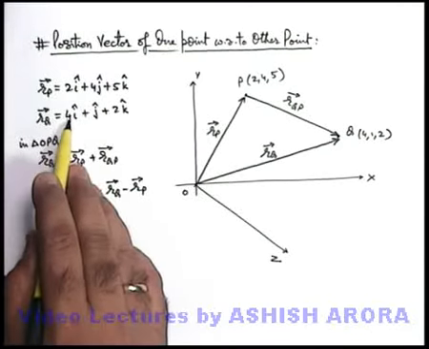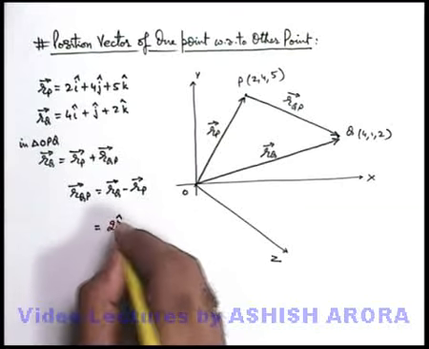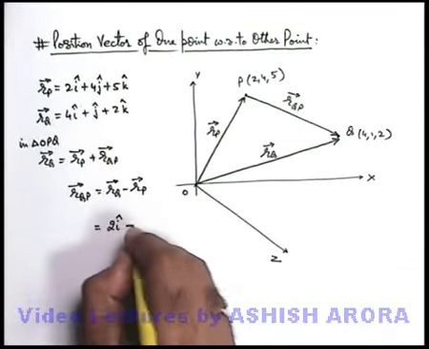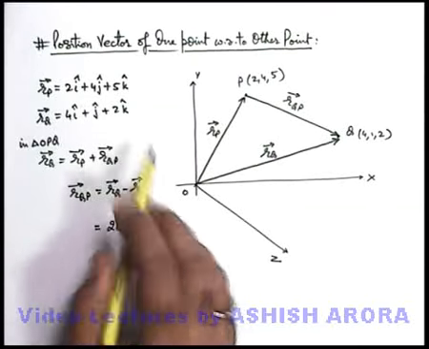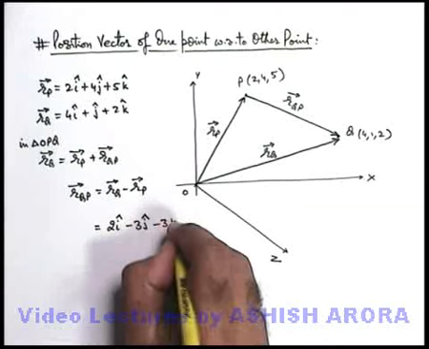We just subtracted: 4i cap minus 2i cap will be 2i cap, and j cap minus 4j cap will be minus 3j cap, and 2k cap minus 5k cap will be minus 3k cap.